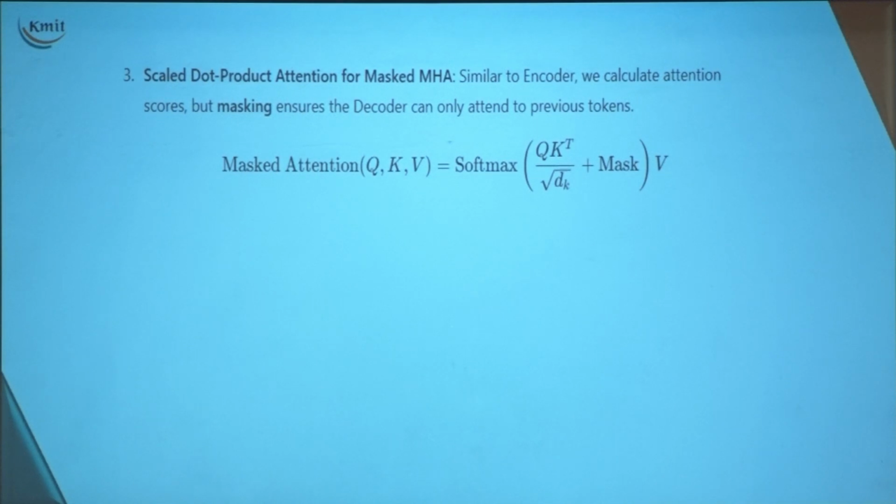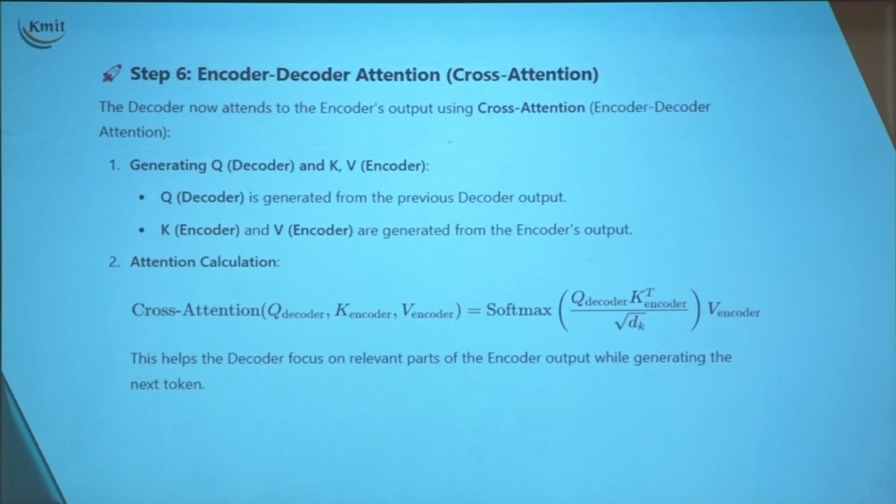Masking. That is, I am just giving the question. I am hiding the answer and I am asking the model to predict the answer for that. Into V. Did you all understand the difference between self-attention in the encoder and self-attention in the decoder? Masked. Okay, now what do I do next?